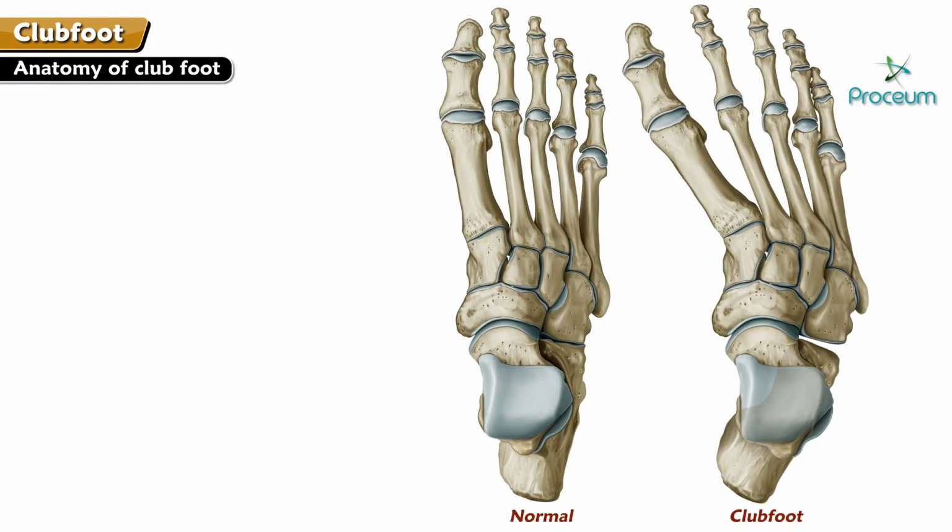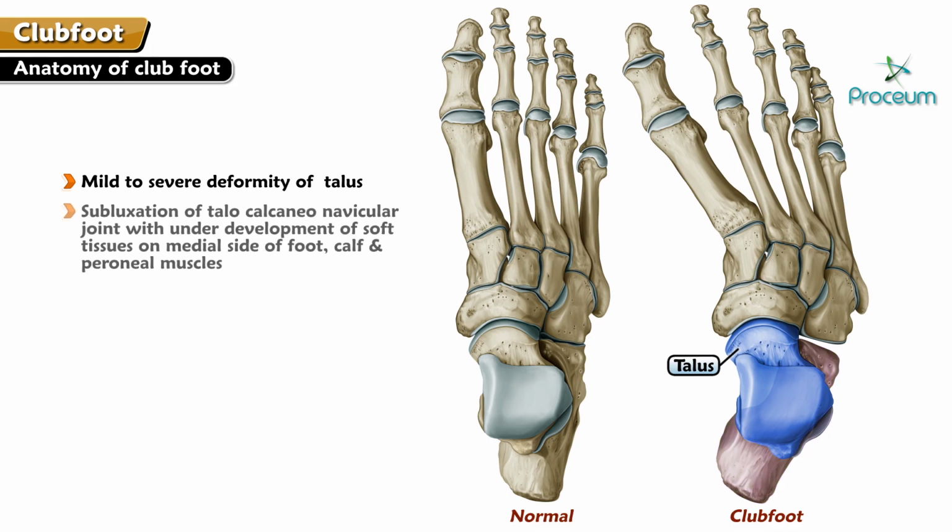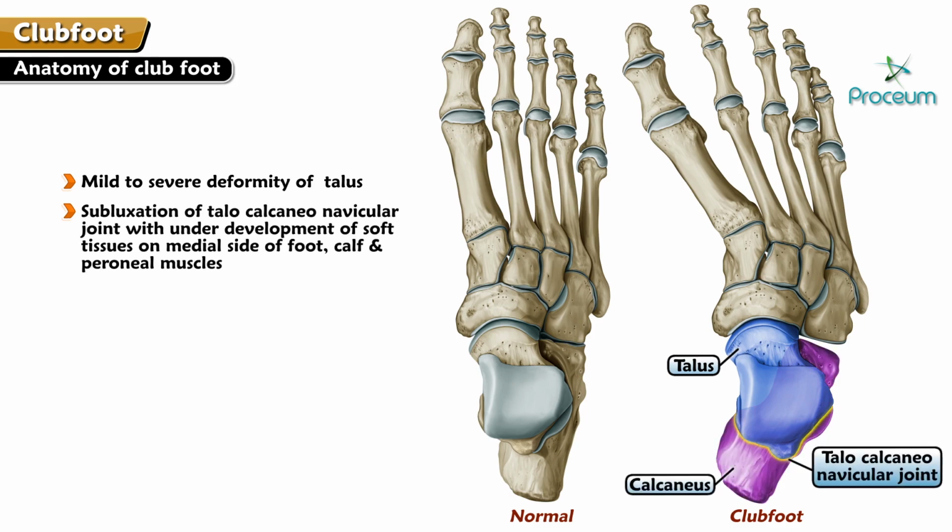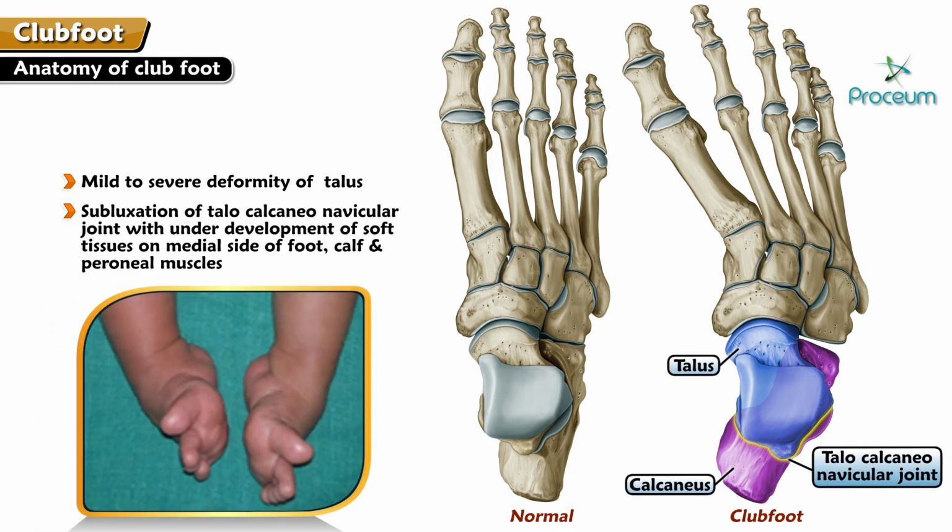Anatomy of clubfoot. The main anatomic abnormality is a mild to severe deformity of the talus, which is small and abnormal in all of its relationships. There is subluxation of the talonavicular joint with underdevelopment of the soft tissues on the medial side of the foot and frequently of the calf and peroneal muscles.